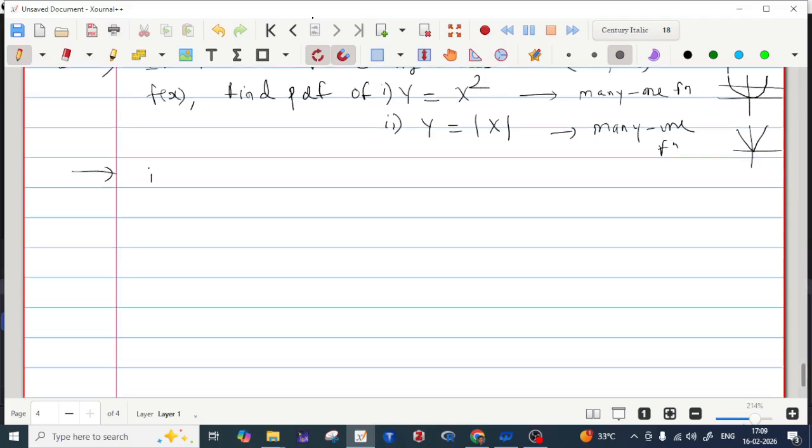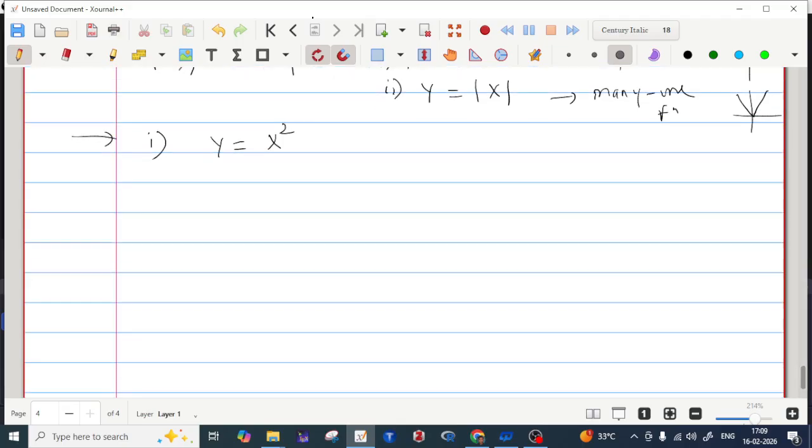Let's solve the first part. First of all, we will find out the distribution function, probability of Y less than or equal to small y. Put the value y equal to x square.